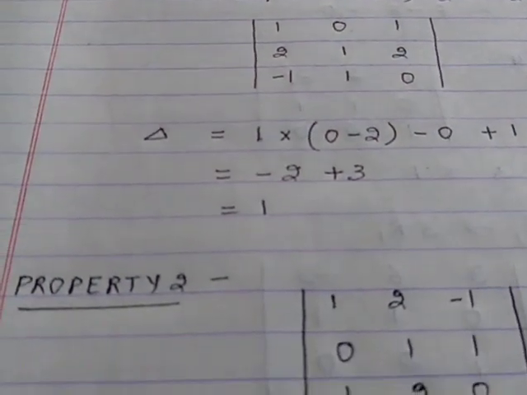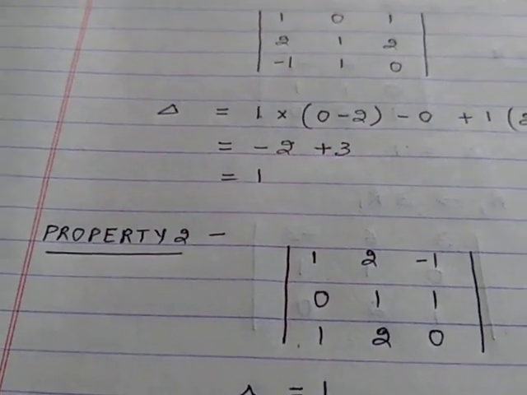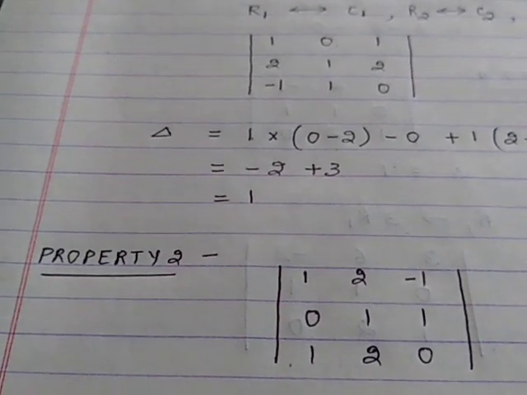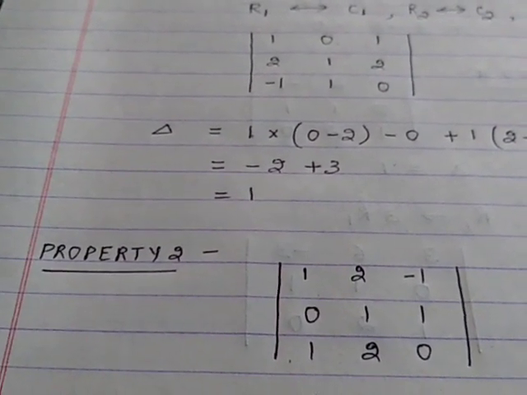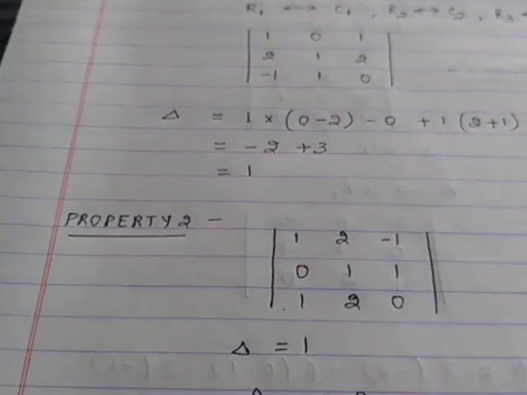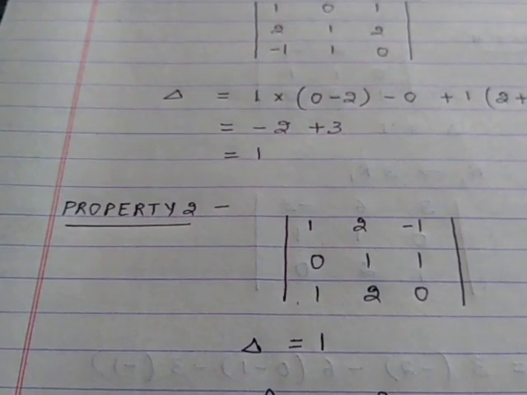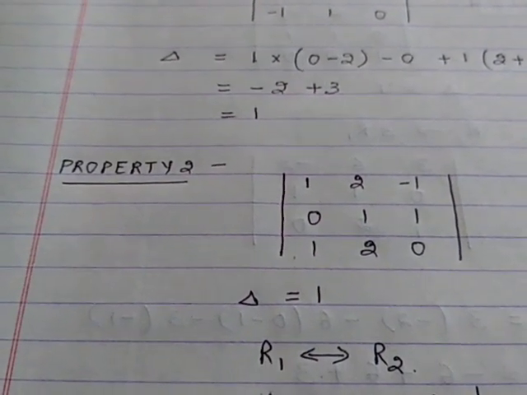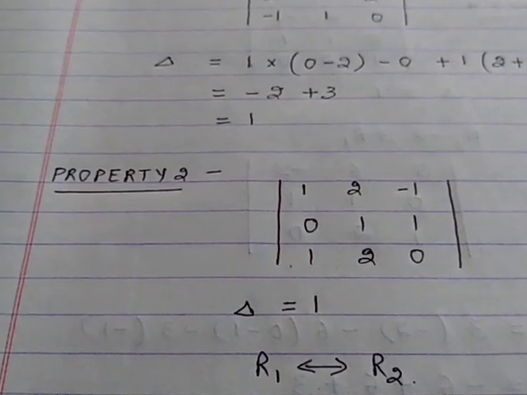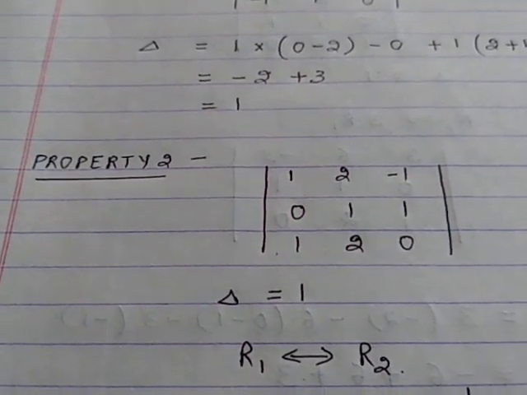Now again, this is an example. Now what is the property? Property number 2 is that any two rows or any two columns. So without changing, its value is 1. After applying the property, it means R1 and R2, that is row 1 and row 2, are interchanged.